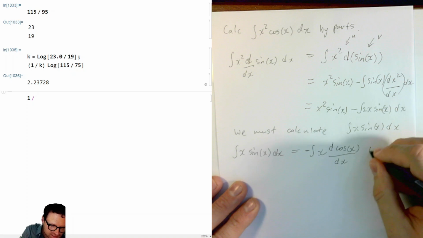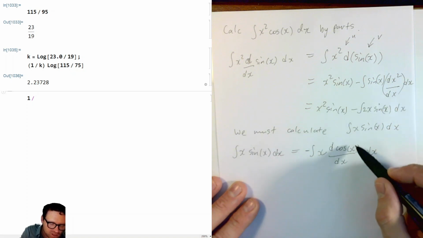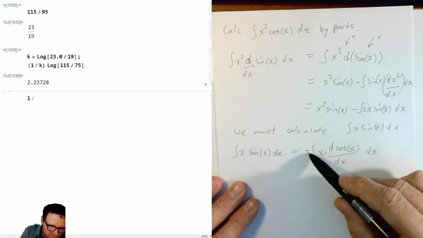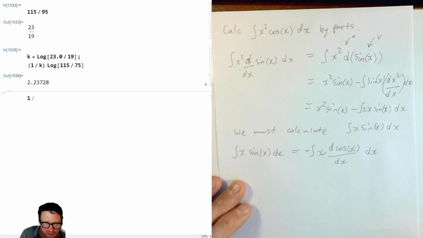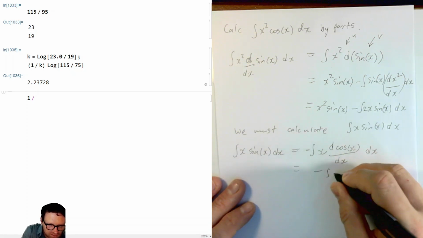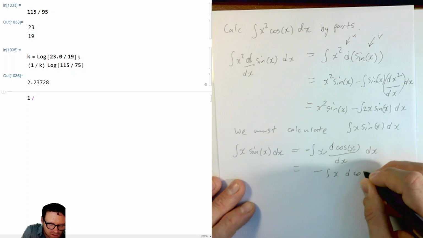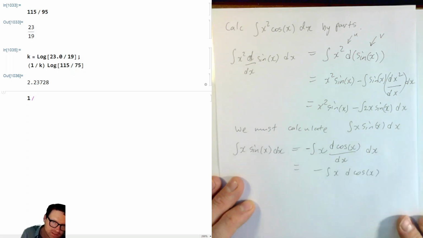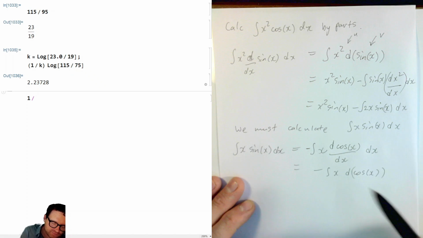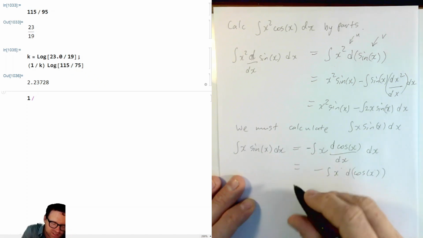Okay, so now is this true? The derivative of cos of x is minus sine of x. It cancels that minus, and we get this. Okay, great. So this is minus the integral of x d cos x. Now, if this is our u and this is our v, we know what to do.